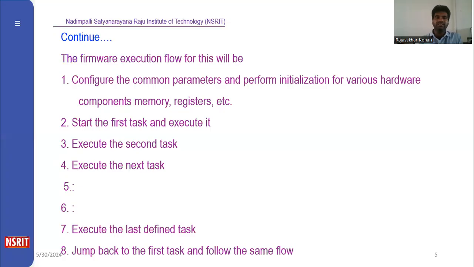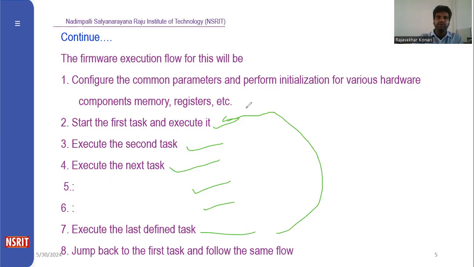Like that, each and every task will be completed. When the last task is completed, we go back to the first task. This is the way you continue the approach in the embedded system. This is the embedded system super loop based approach, also known as the conventional based approach.